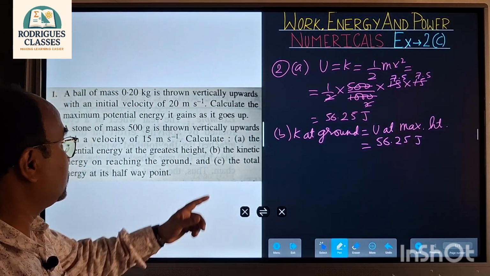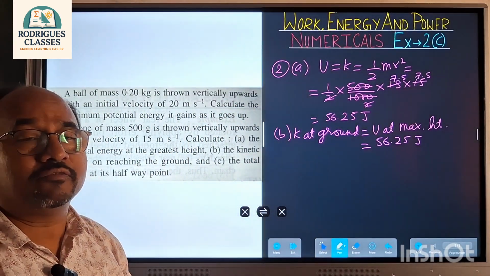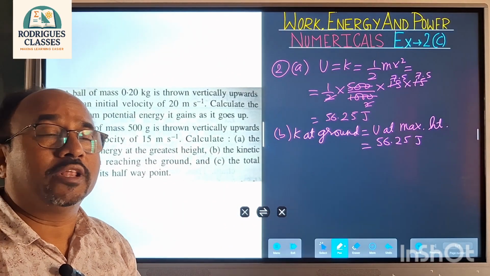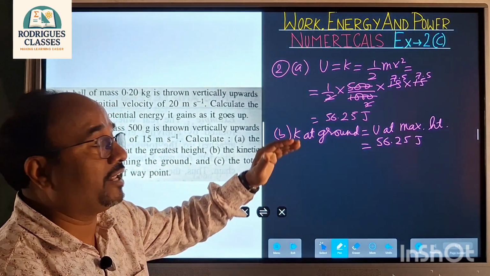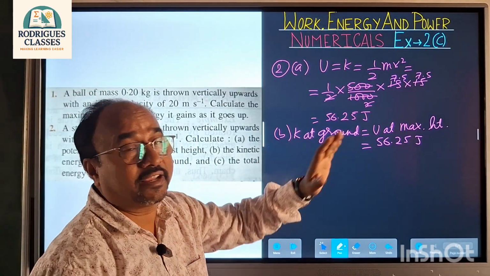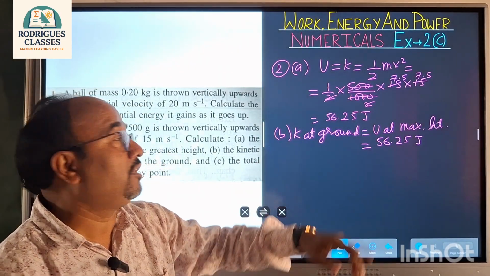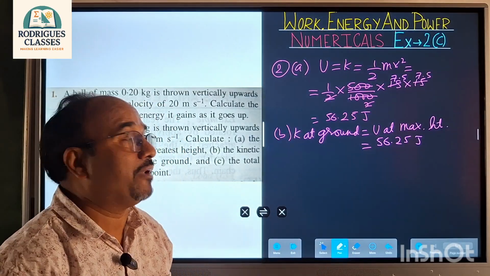Now the C part, the total energy at half the way. So whether it is half or 1/4 or 3/4 or 1/5, whatever, it will remain as the total, the kinetic energy which it was having at the ground level, or the potential energy at the maximum height.